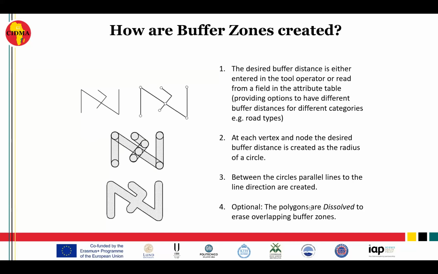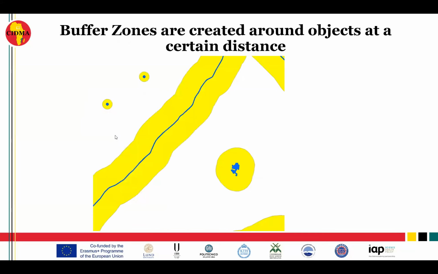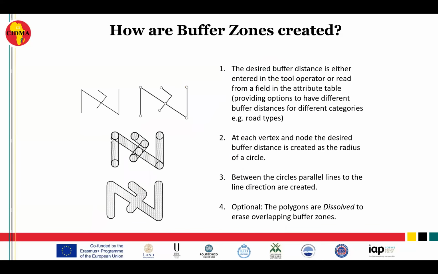And then if we want, we can dissolve that feature so we don't have any overlaps. Here we would have 3 overlaps: one for the circular feature, one for this polygon coming up, and one from this polygon coming up.